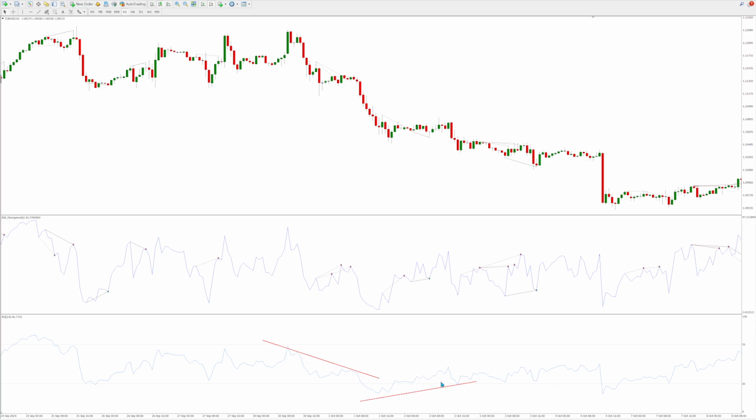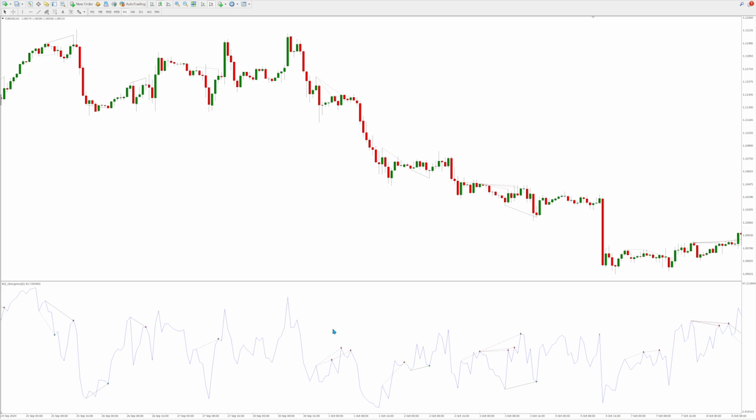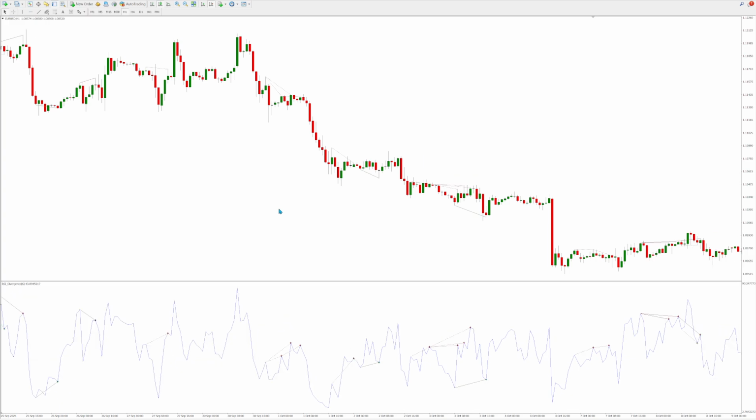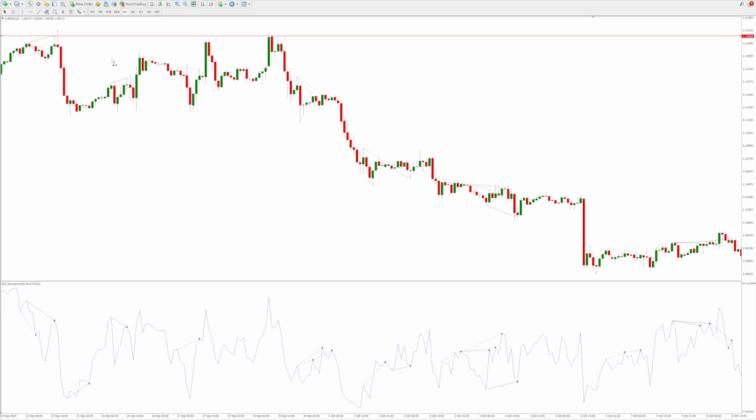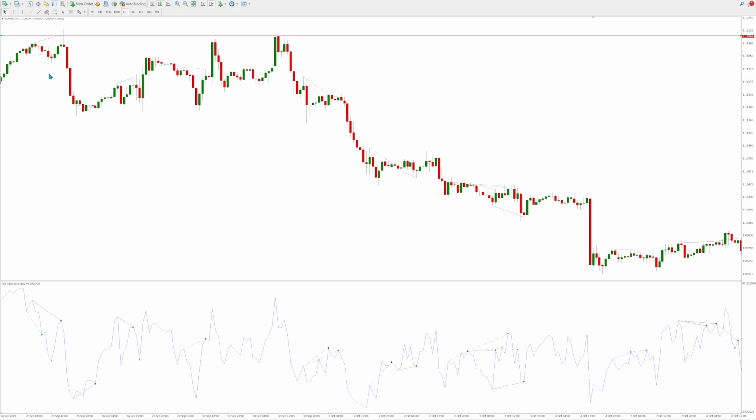Okay, for the purpose of this video, we'll just focus on the RSI divergence indicator's signals, and I'm going to show you now how you can trade them. So the first thing we want to do is look for a trend. Here we have the resistance level, a nice triple top candlestick pattern, which means that this resistance held up well.